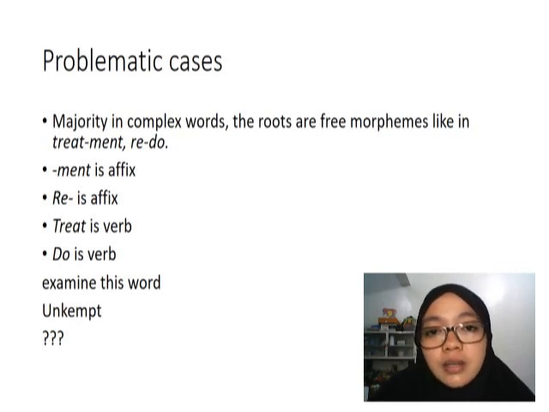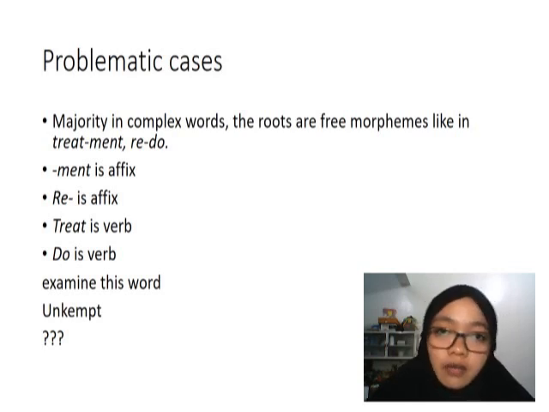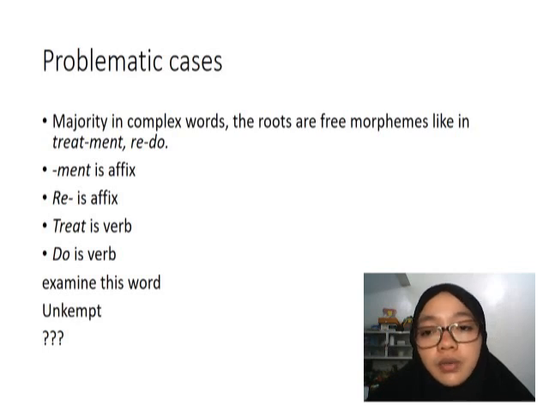Sometimes we hear something that seems to consist of two or more elements that represent morphemes. For unkempt, we think that un is the affix, while actually it is not. It is the word itself, unkempt. When we separate kempt without un, there is no meaning. So un here is not an affix. So that is the problematic case that might occur in defining the internal structure of the word.